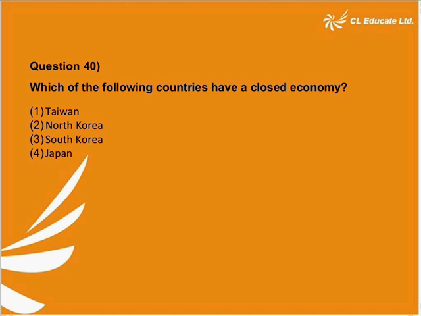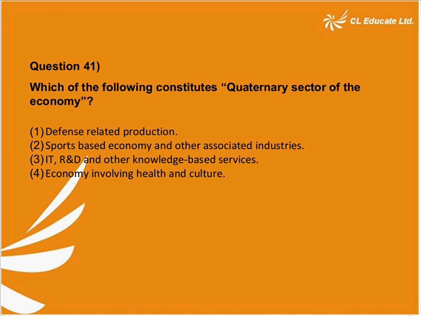Then second is manufacturing, a secondary sector, and it contributes around 28% to the economy. Then third is agricultural. Agricultural sector is primary sector. It contributes around 15% to the economy.